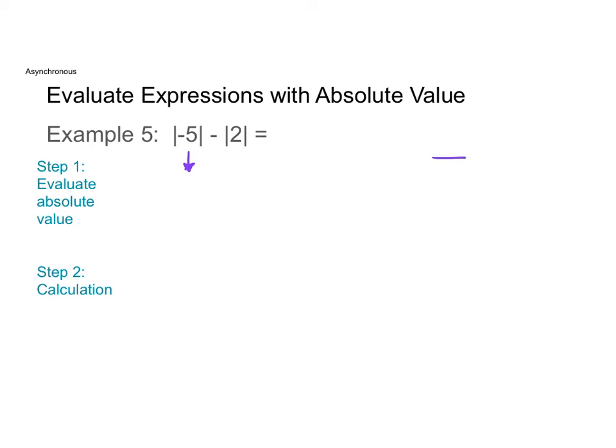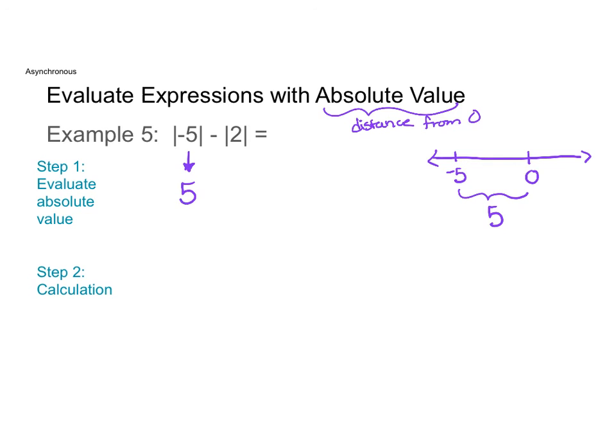Well, I'm going to draw a number line over here. Here's 0. Here's -5. And remember, absolute value is the distance from 0. Okay, so how many spaces is it from -5 to 0? It's just 5. So my absolute value of -5 is 5.